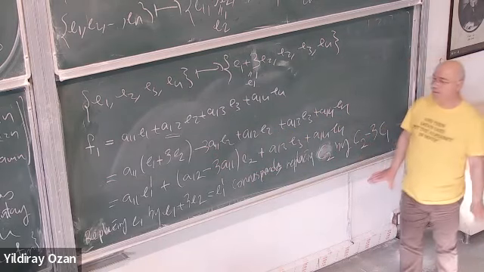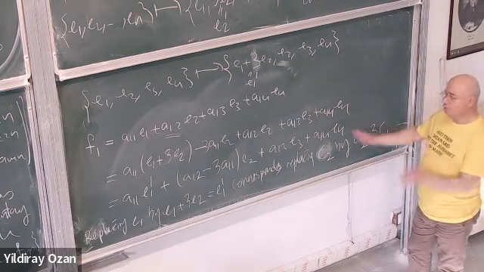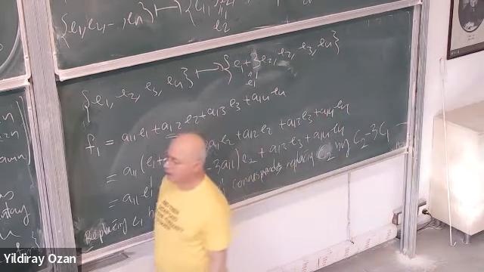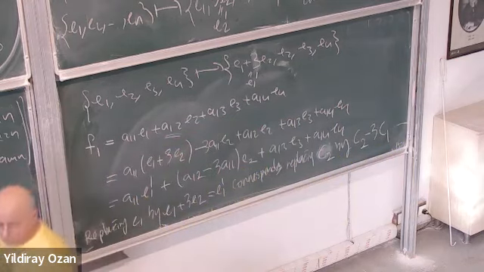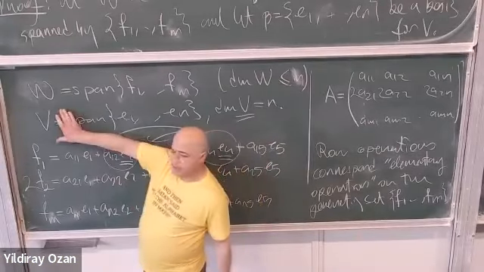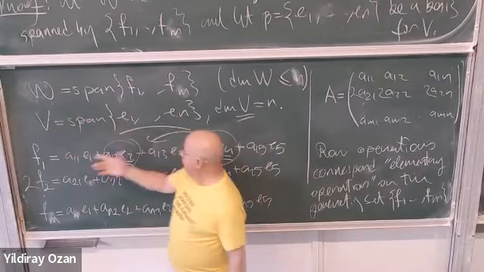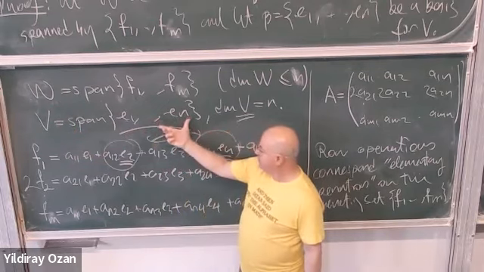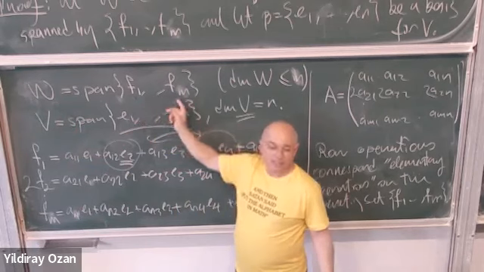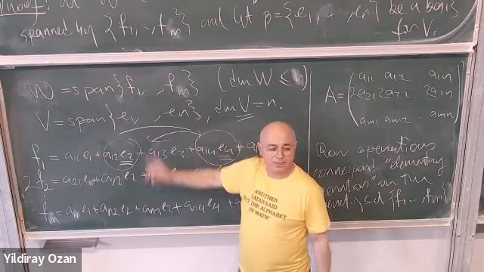So what is the consequence of all of these operations? It's the following. If I have a vector space and a subspace, the vector space has basis E1 to En, and this is not necessarily a basis, it's a spanning set.